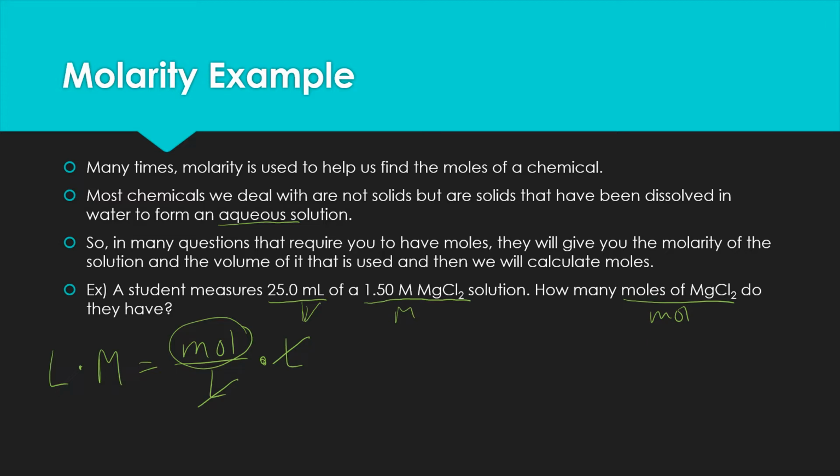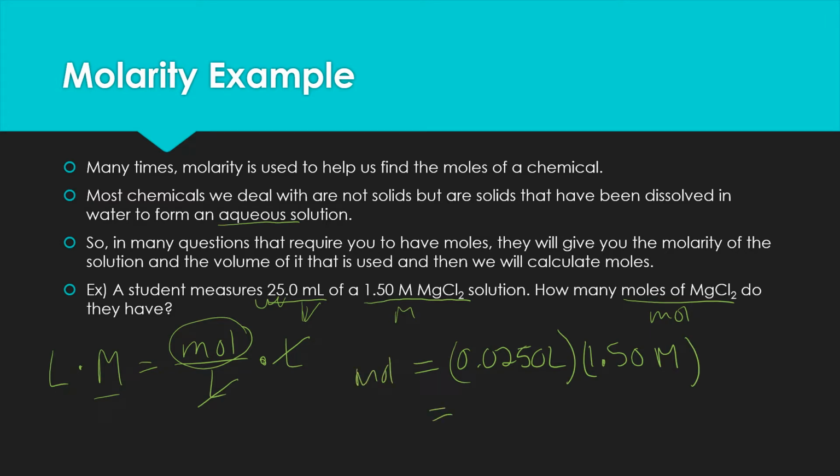So we're going to set this up. We need our volume in liters, so we've got 25 milliliters. We can divide that by 1,000, and we get 0.0250 liters. And we're going to multiply that by our molarity, which is 1.50 molar, our concentration of our solution, and this is going to give us our moles.